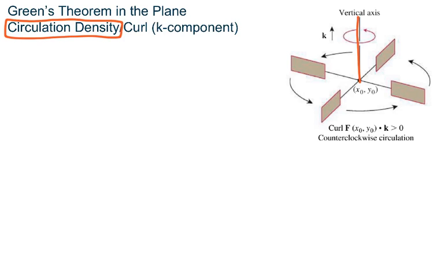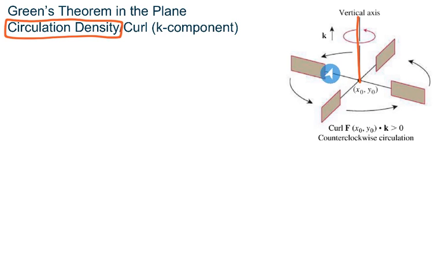If the paddle does not turn, that means there is no circulation, and in turn, no circulation density or curl. So what does it mean when the paddle does turn? Well, it means the water is pushing harder on one side than the other, making it twist. And the larger the difference, the more forceful the twist and the bigger the curl.